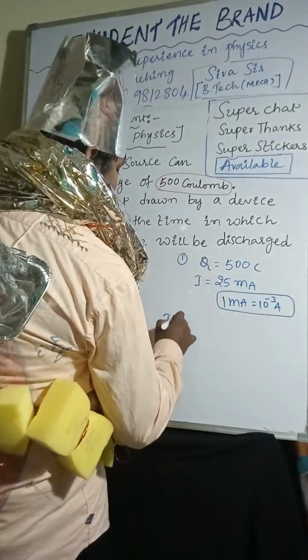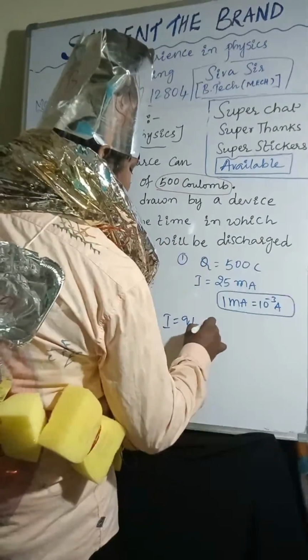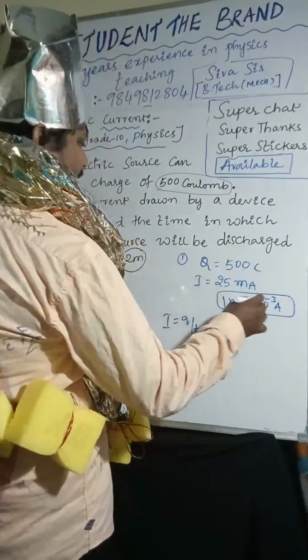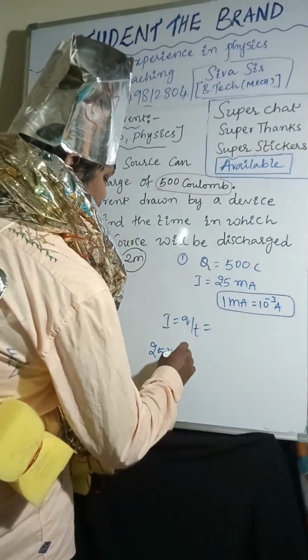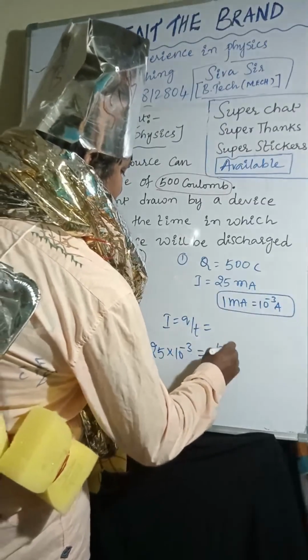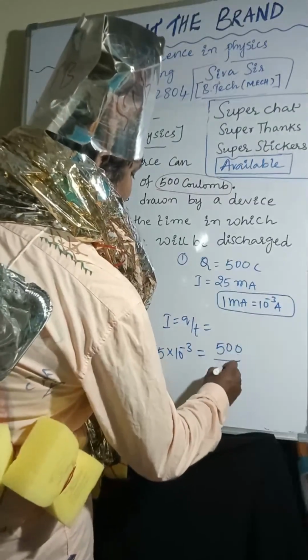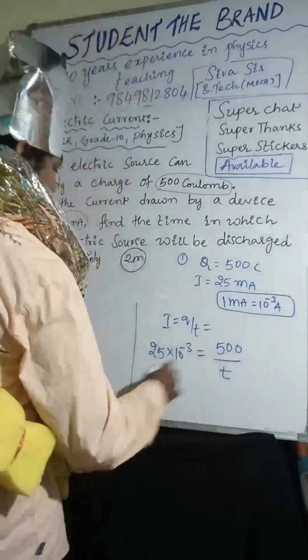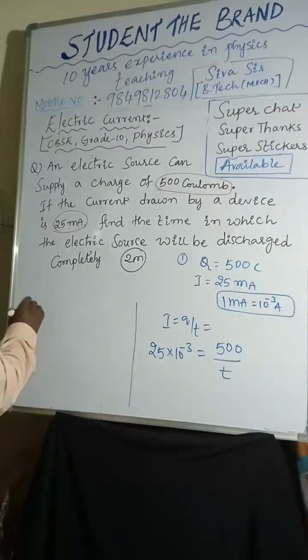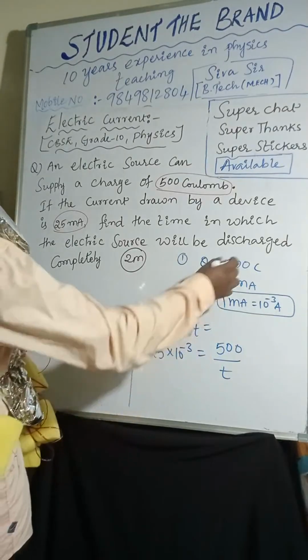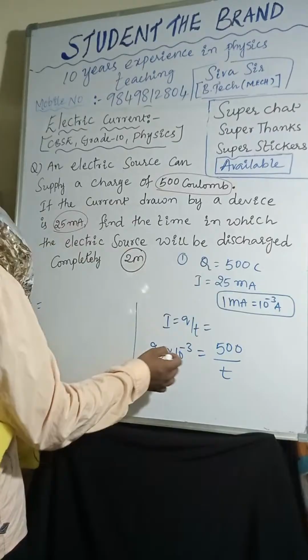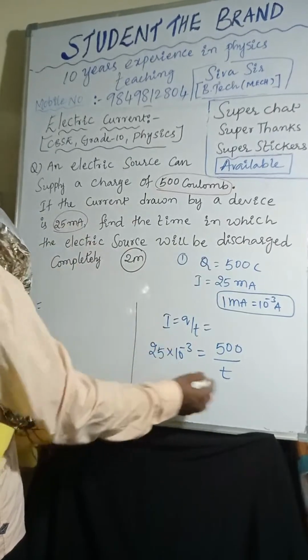Now, I equal to Q by T. Taking current as 25 into 10 power minus 3 equal to 500 by T. So T equal to 500 coulomb divided by the current in ampere.